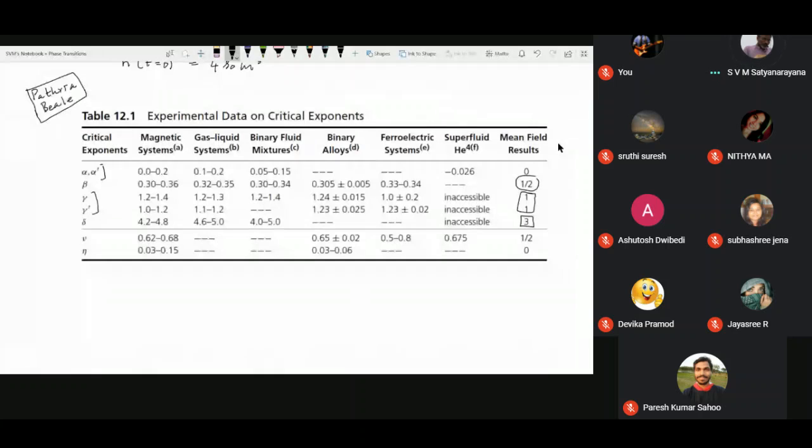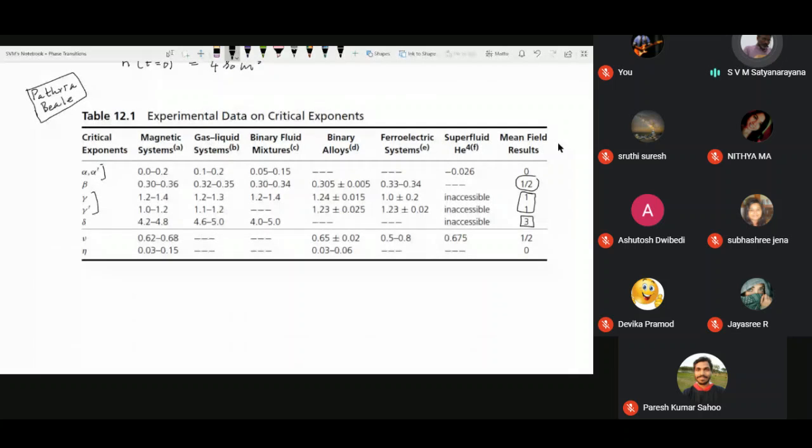But there are two things that I want you to notice here. Even though these phase transitions are in different physical systems, their exponents are the same. That means these all come under what is called the same universality class. But then we can get some exponents estimated from the mean field theory, which are not going to coincide with what is observed, but they give some indication.